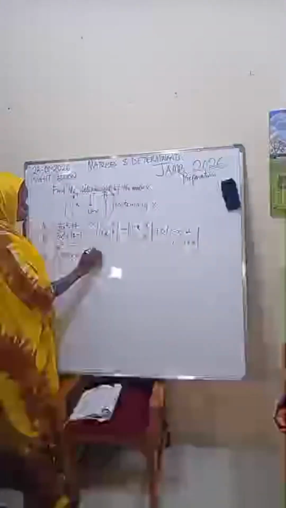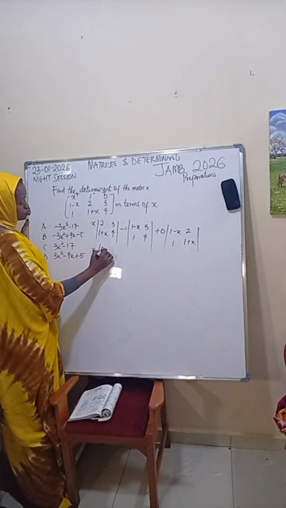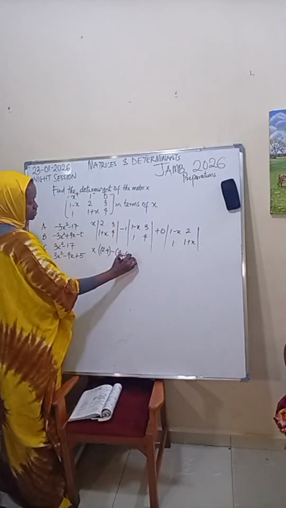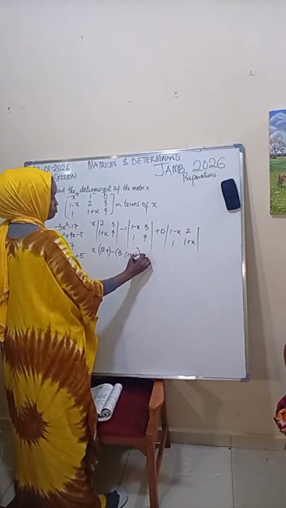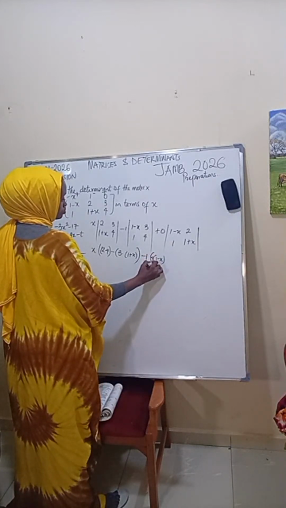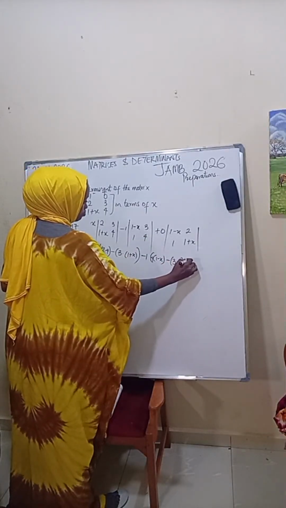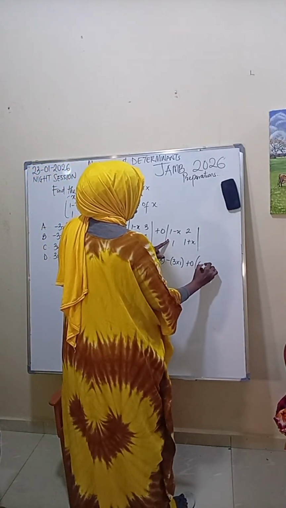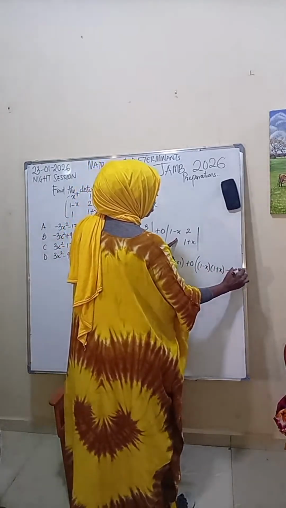So we can now simplify this, right? So this becomes x, open brackets, 2 times 4 minus 3 times 1 plus x, close the bracket. Then moving on to the next term, we have minus 1, open bracket, 1 minus x times 4 minus 3 times 1, plus 0, open bracket, 1 minus x times 1 plus x, then minus 2 times 1.